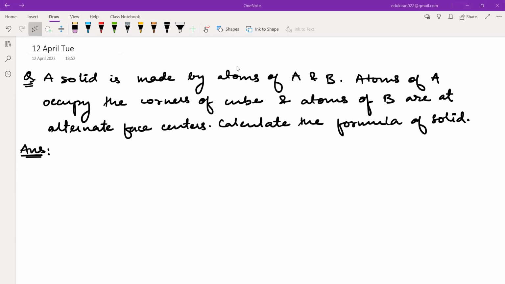What is the relationship between a and r in BCC? a root 3 equals 4r. Okay. And in FCC? a root 2 equals 4r. Okay. How many tetrahedral voids are there in HCP? 3D.